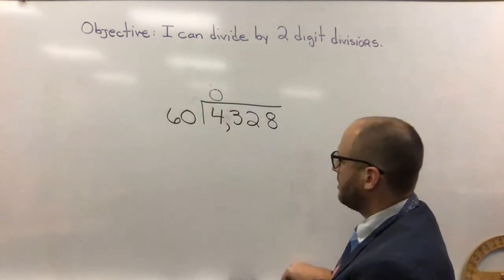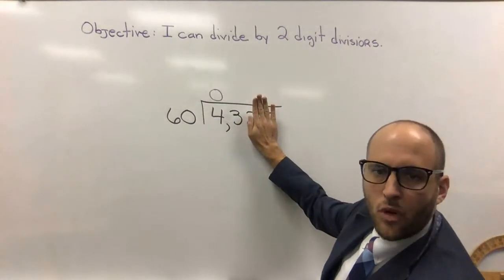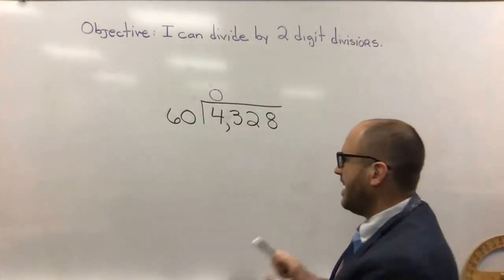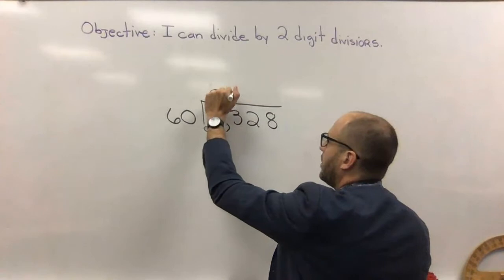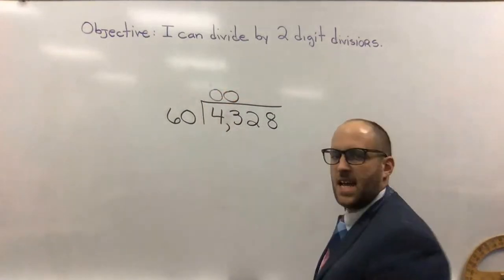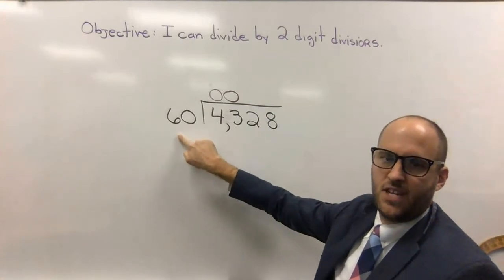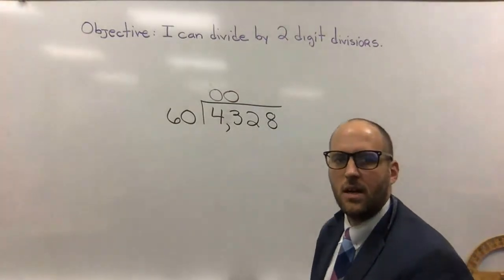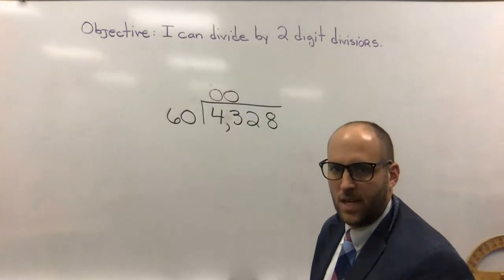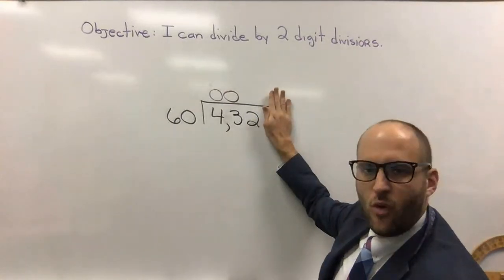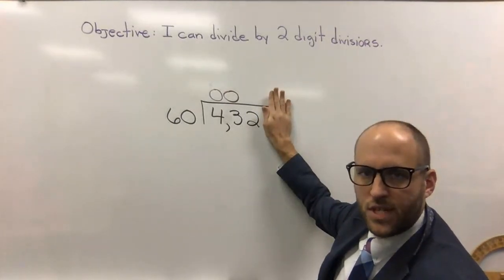But notice here, it also can't go into 43, which means you're going to have a second 0 before you even start dividing, which sometimes happens when your divisor is a much bigger number in the 60s, 70s, 80s, or 90s. It can happen when it's smaller, but it's more likely to happen when the number is bigger, which means we're looking at 432 to start with.